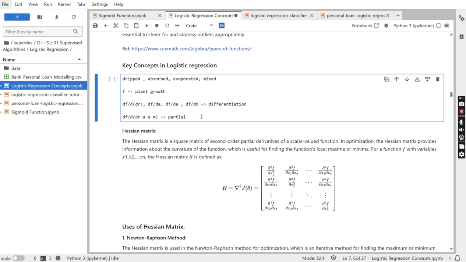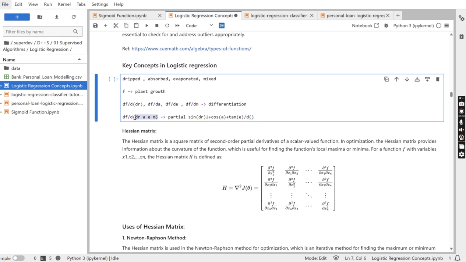Let's say my equation was dr squared sine squared plus cos of something. For simplicity I'm replacing x with dr because I have to differentiate with respect to dr. Actually, the plant equation is much more complex, but I'm writing something randomly. Let's say cos of absorbed plus tan of evaporated.